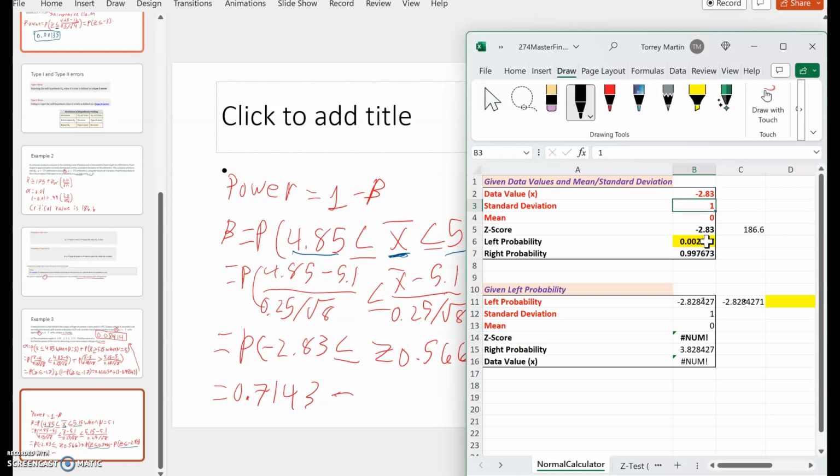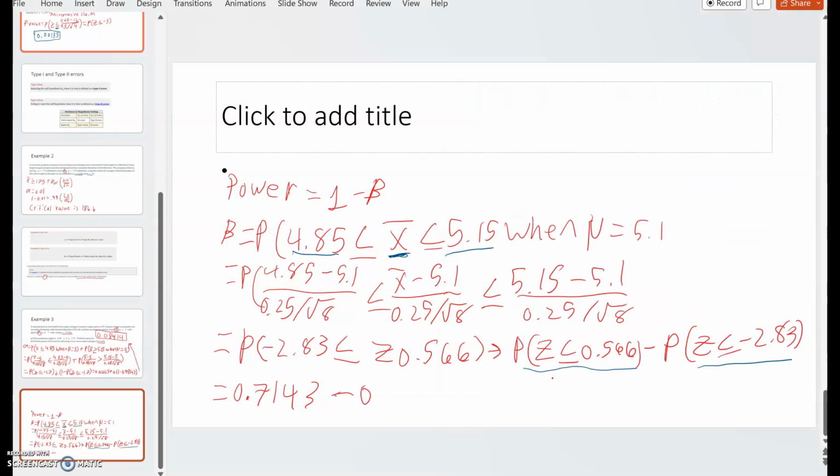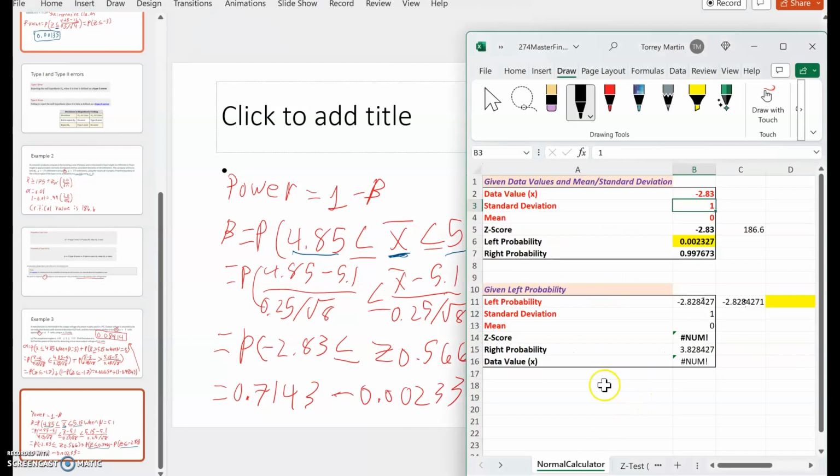All right, so that's going to give me 0.00233. So 0.7143 minus 0.00233.